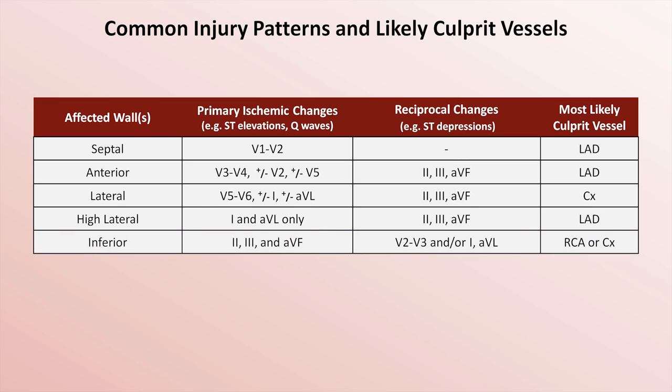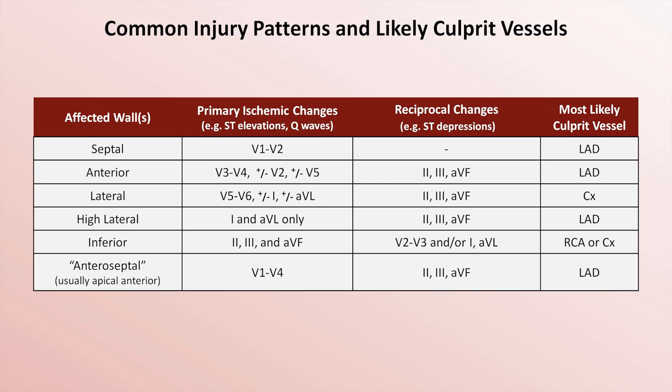Inferior MIs involve 2, 3, and AVF with reciprocal changes in either V2 and V3, and as we saw, occasionally in 1 and AVL. As mentioned multiple times, inferior MIs can be the consequence of occlusion in either the RCA or circ. So-called anteroseptal MIs, which as mentioned are actually usually apical anterior MIs, have changes in V1 through V4 with inferior reciprocal changes and are due to LAD occlusion.